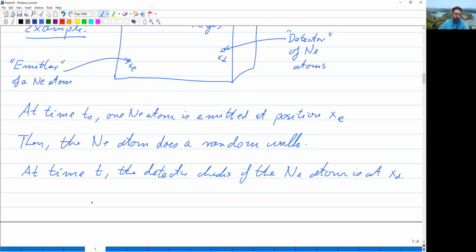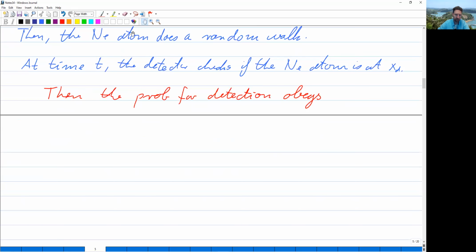And what is that probability? Let's give it a name. So we have, okay, then the probability for detecting the atom there, for detection, obeys simply by the basic rules of probability that we discussed above.